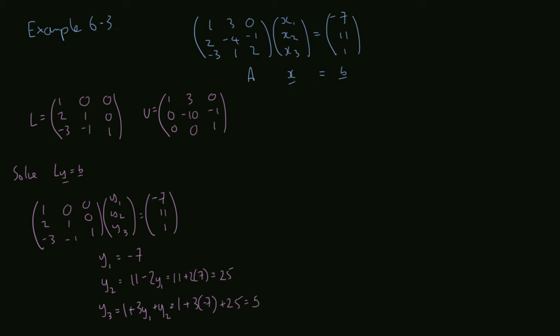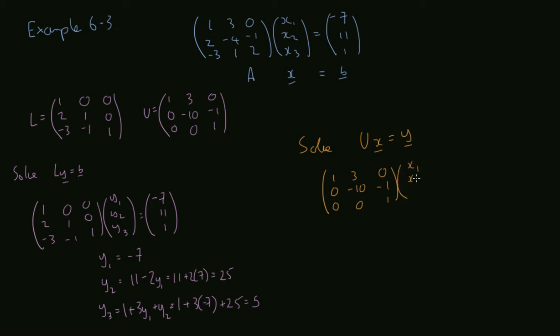We know that we have our y values now, so for the second step, and let's change colour, we now solve UX equals Y. U was our upper triangular matrix, with 0, -10, 1.